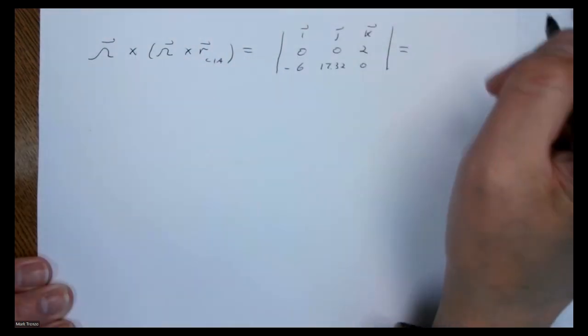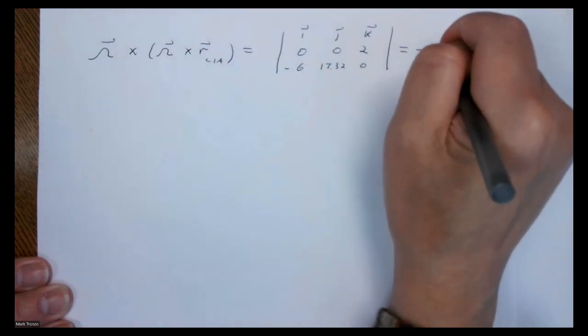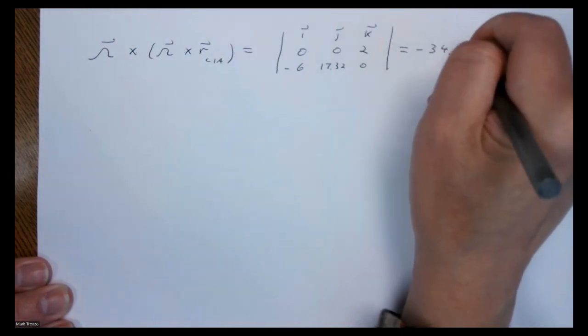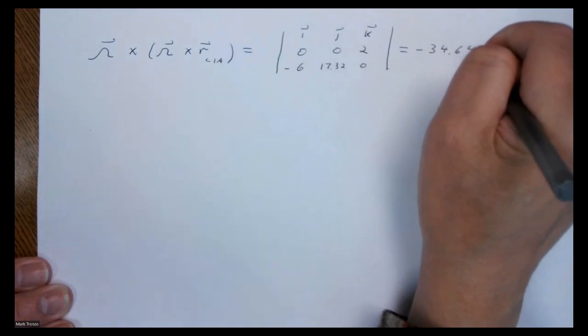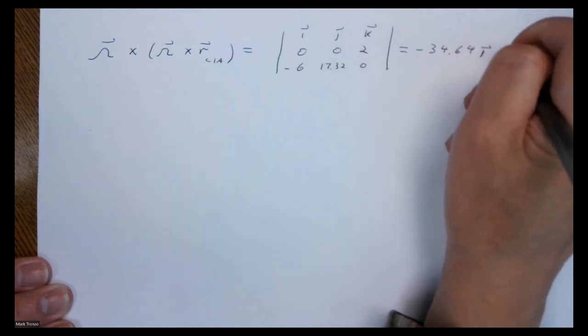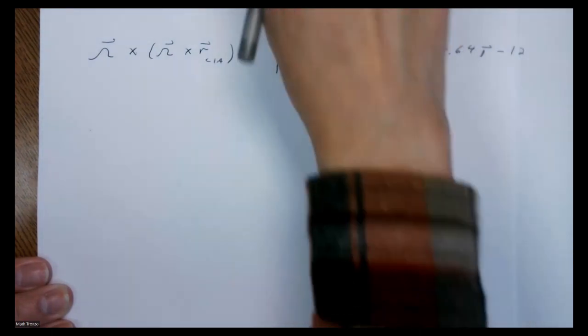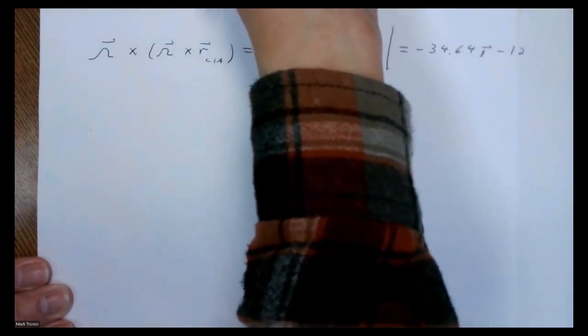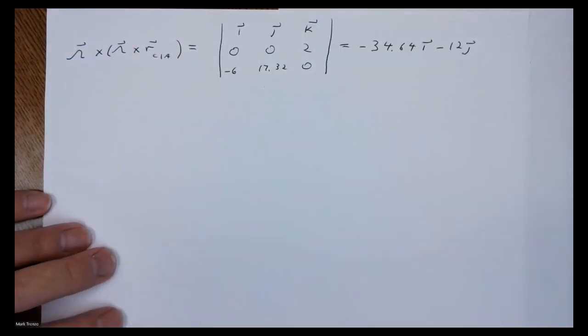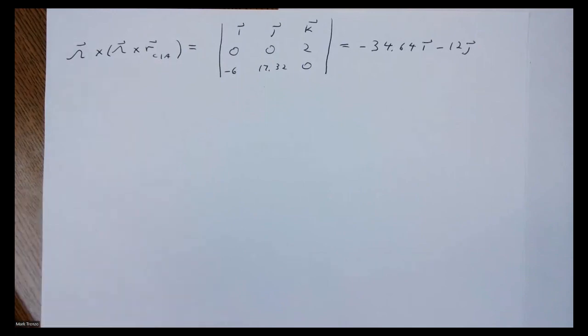And again, you can verify this on your own, but I calculated this to be 34.64I minus 12J. So I ended up with this.